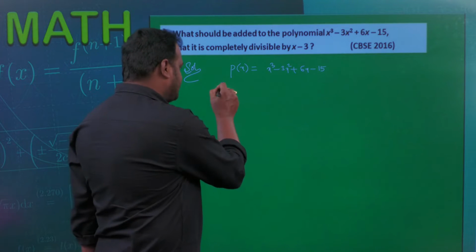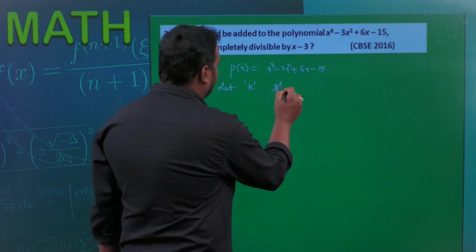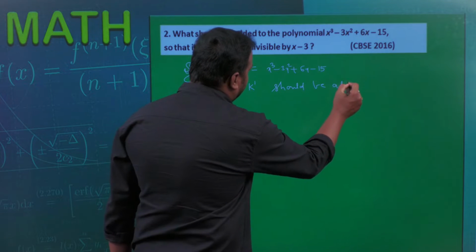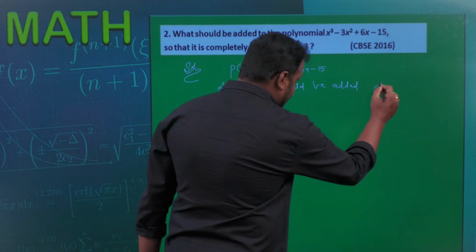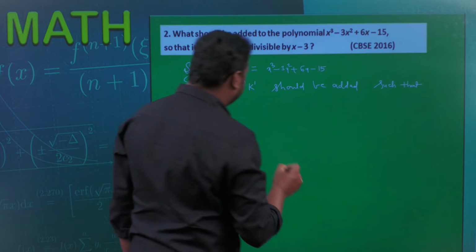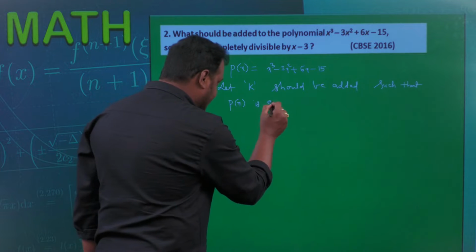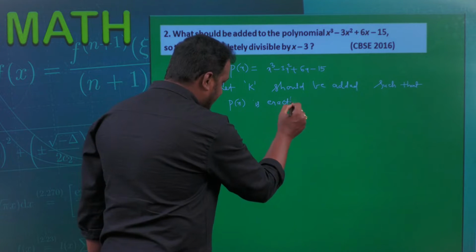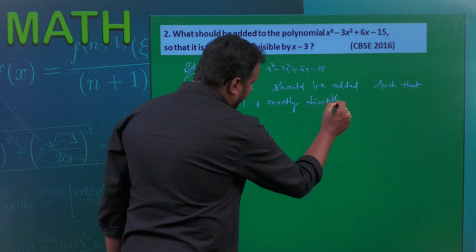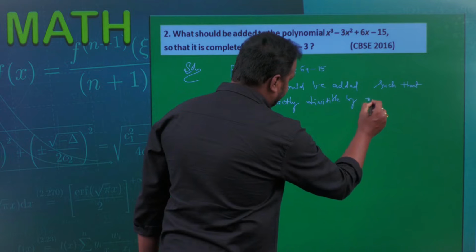So let k be added, such that p of x is exactly divisible by, what is the factor? The factor is x minus 3.